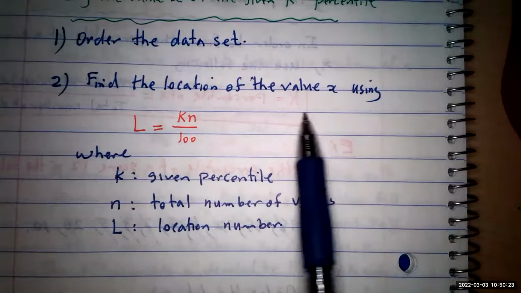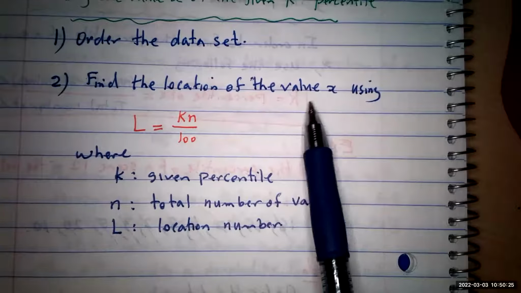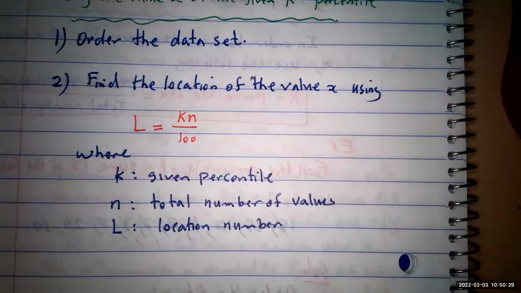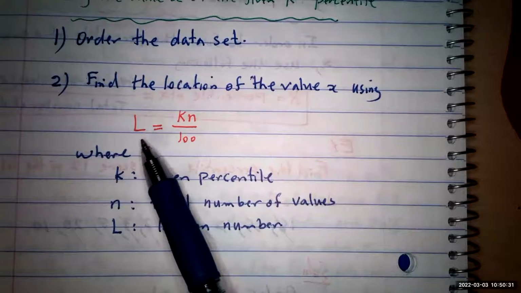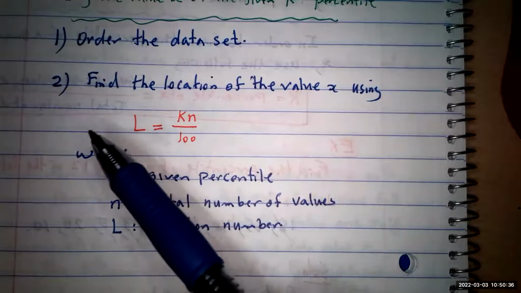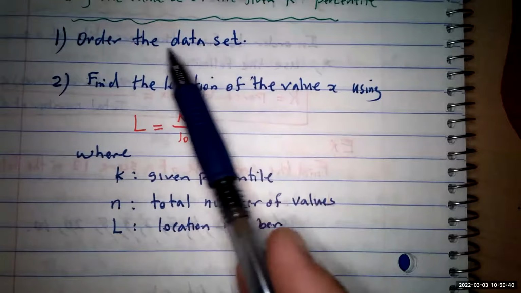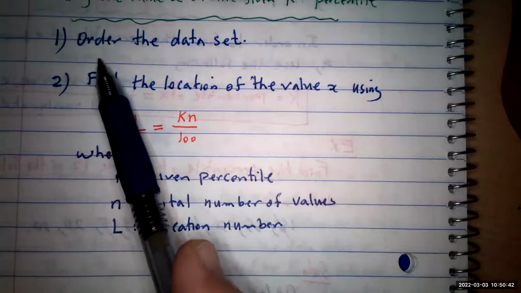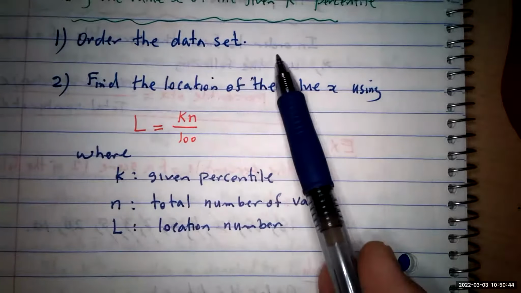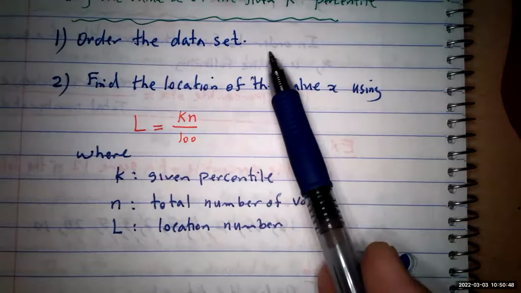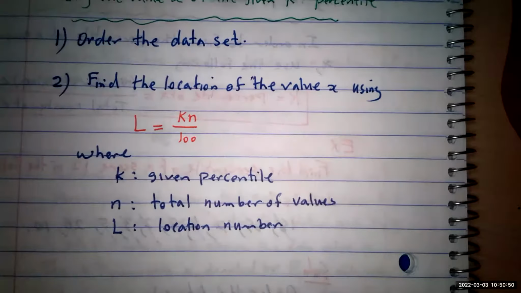When we get to the fifth position, the number in the fifth position is X, and then you're done. So in case one, if L is not a whole number, round it up, change it to the whole number, then go to your ordered list, count from the beginning, and the number at that rounded position is your X.